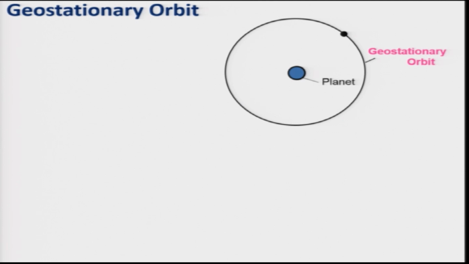So, now let us look at the geostationary orbit. As I told earlier, let us say this is the planet, we call it basically earth, and this is your satellite which is moving at an orbital velocity of v naught.